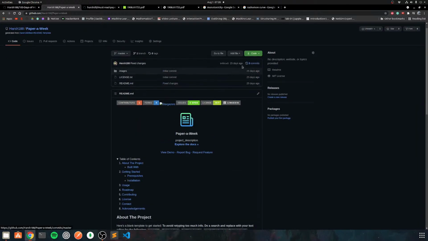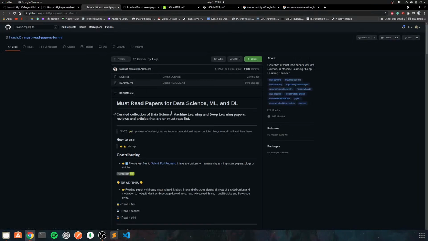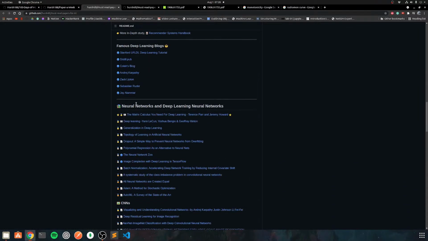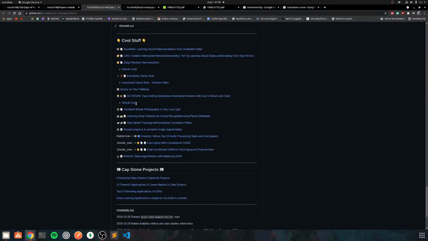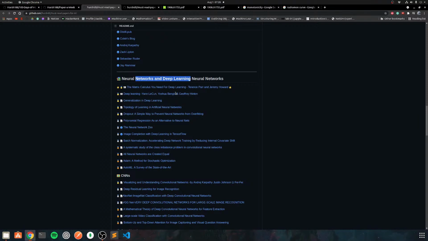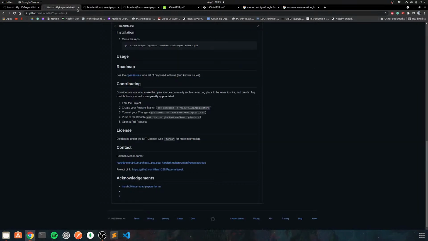And what I think I'll do is clone this into my local repository and set it up in such a way that I have 3 folders, one for data science, one for machine learning, and I believe the other one is for deep learning. So there's data science, ML, and I guess it's just neural networks and deep learning. So I'll make it into these different categories and upload my papers.